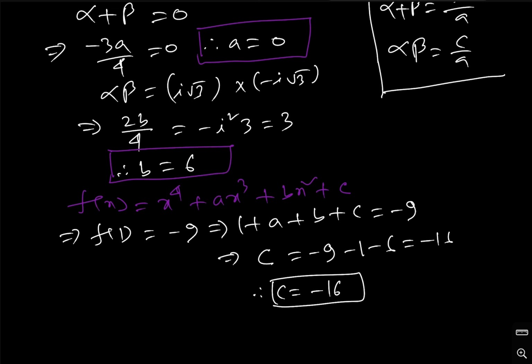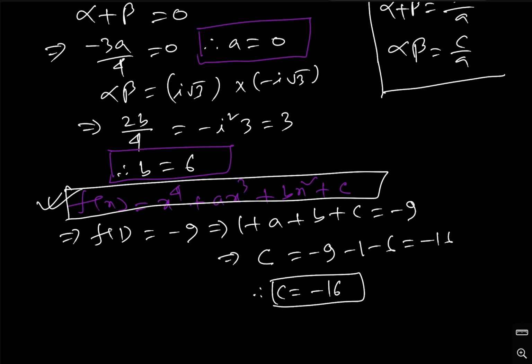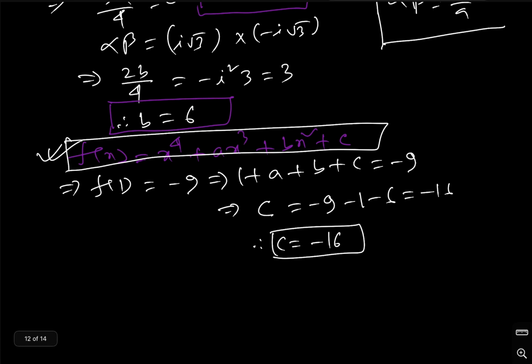Now finally we are in the stage to solve f(x). Just put the values of a, b and c in f(x), and we will solve this very easily. Now f(x) equal to x⁴, since a is 0 the x³ term vanishes, plus 6x² - 16.